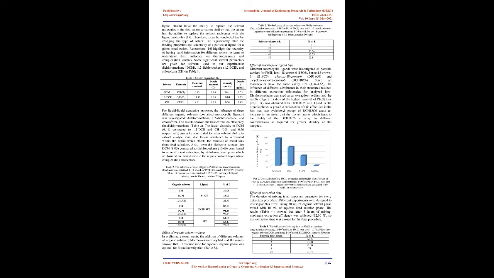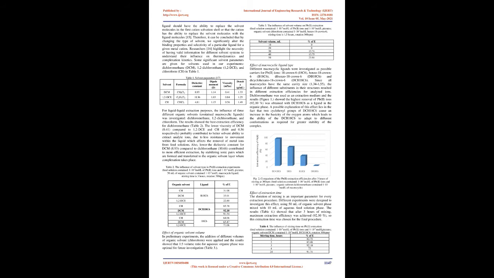Researchers [16] highlight the necessity of having valid information for different solvent systems to understand their influence on thermodynamics and complexation kinetics. Some significant solvent parameters are given for solvents used in our experiments: dichloromethane, DCM, 1,2-dichloroethane, 1,2-DCE, and chloroform, CH, in Table 1.